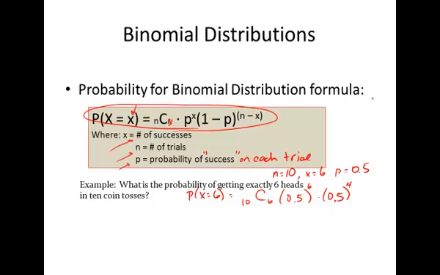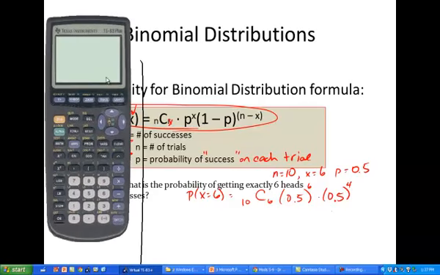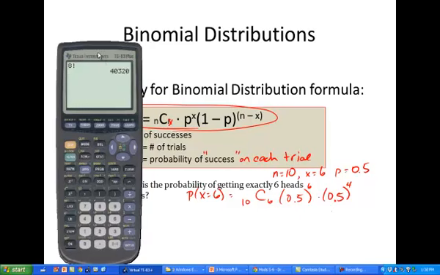So if I'm bringing that up on the calculator, here's how we do combinations. Math, probability area, nCr.